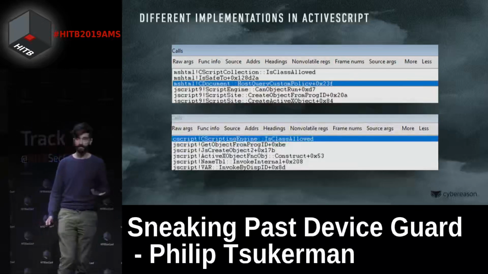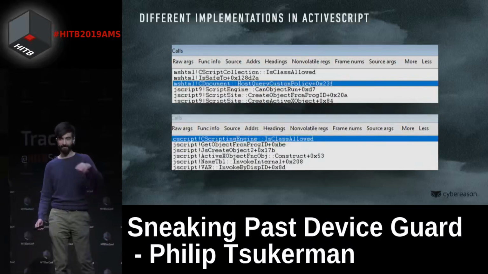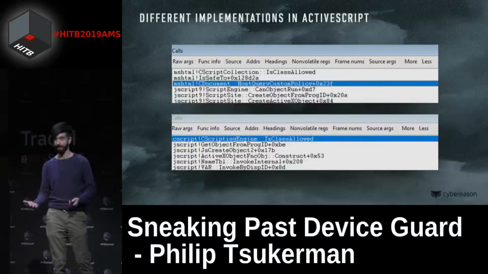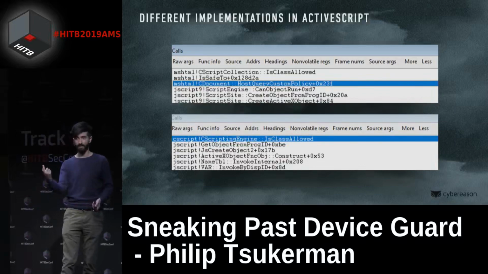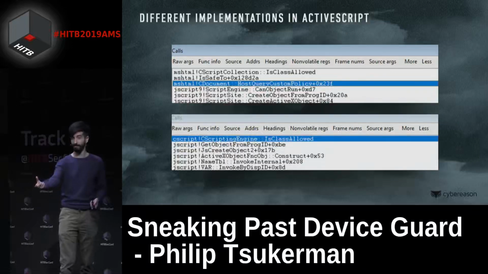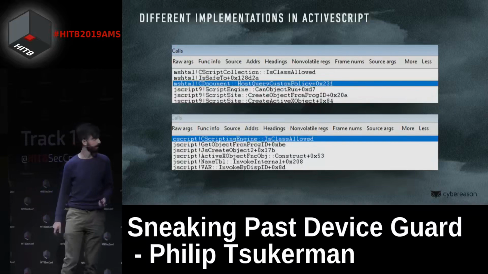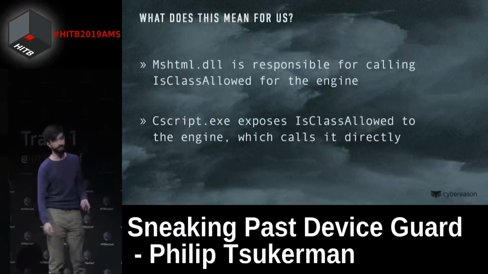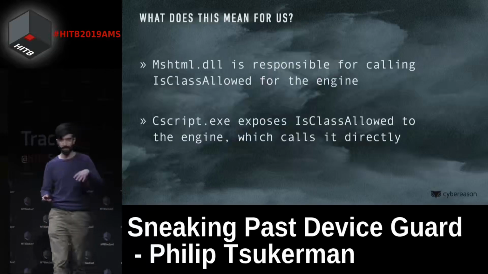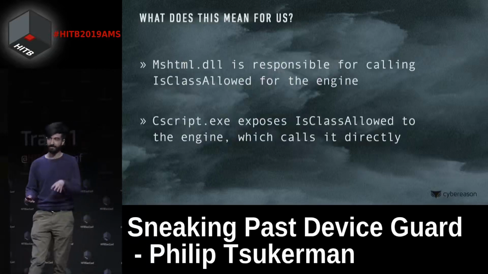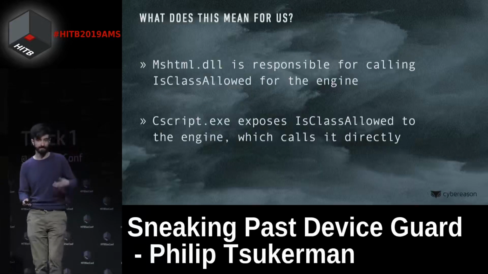This means that our scripting host simply says, here's my IsClassAllowed function, I'm giving you the pointer to this function, you could use it whenever. This means we have 2 different implementations, each with different assumptions as to who is responsible for calling IsClassAllowed.